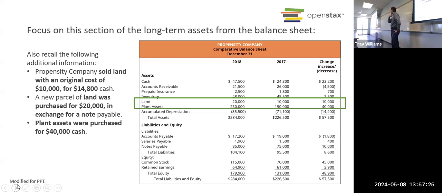This is saying we sold $10,000 worth of land, but it went up $10,000. Well, that's because we also bought $20,000 worth of land. So we have $20,000 more that we bought in land and $10,000 that we sold. So the net impact is a $10,000 increase.